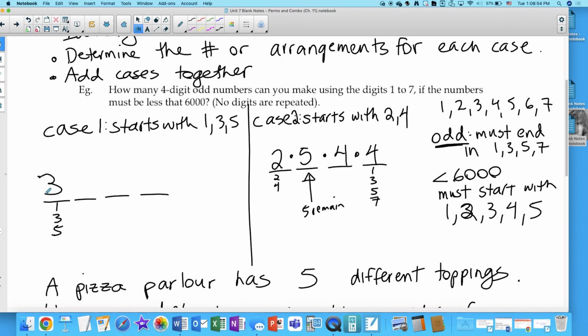So I now have 3 odd digits left. So I've got the 2 left over and 7. I put 7 back in there. Right? So let's say, for example, this first digit is a 5, right? There's now 3 possibilities for the last one, 1, 3, or 7. Okay?